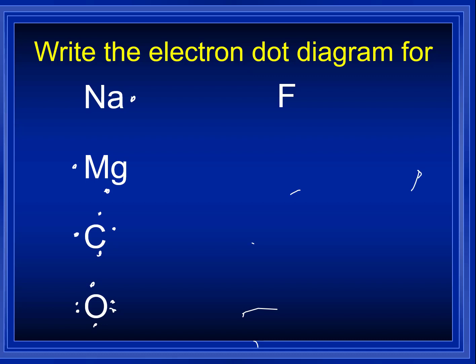Okay, it's in group 7A. So 1, 2, 3, 4, 5, 6, 7. 3 pairs, 1 unpaired. Let's see if this works for any element.